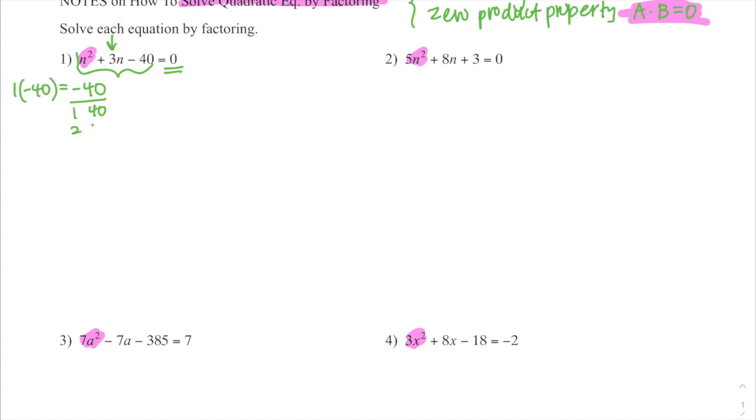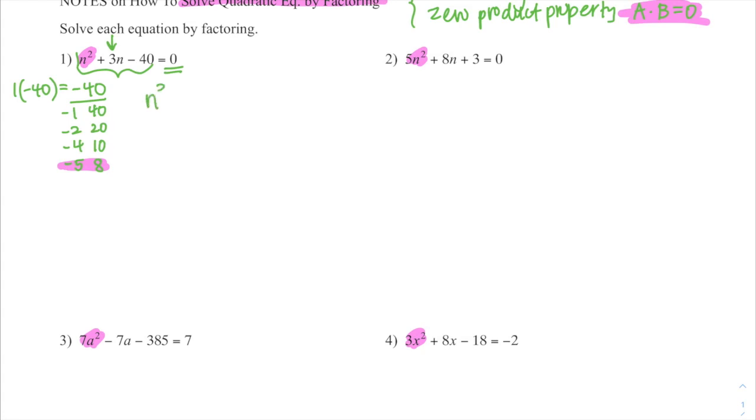So 1, 40, 2 and 20, 4 and 10, 5 and 8. But it has to multiply by a negative, but add to a positive. So since it adds to a positive, the larger number needs to be positive. So the smaller numbers are negative. So in our list, negative 5 and 8 will add to 3.